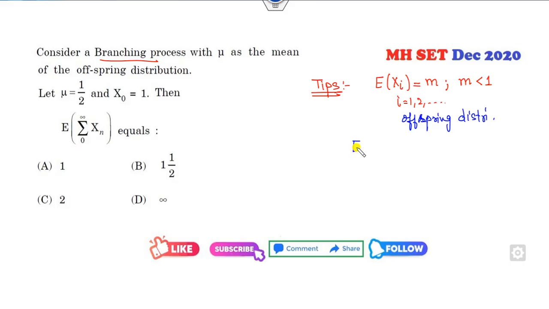Then the expected value of the sum for i from 1 to infinity of Xi is m over 1 minus m. This is the shortcut tip, always remember that, fine.